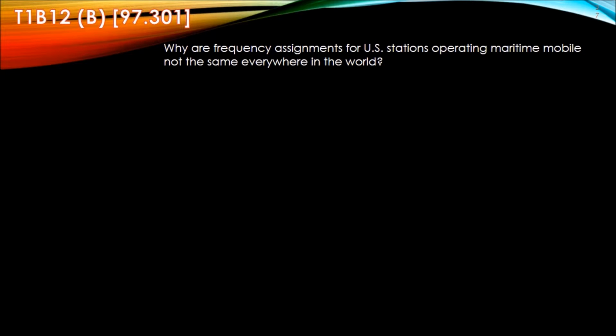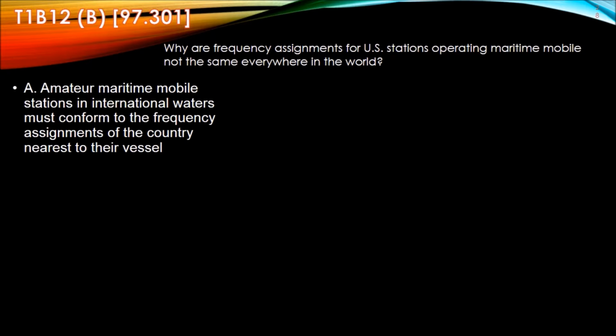T1B12. Why are frequency assignments for the U.S. stations operating maritime mobile not the same everywhere in the world? Answers are A. Amateur radio mobile stations in international waters must conform to the frequency assignments of the country nearest to their vessel.